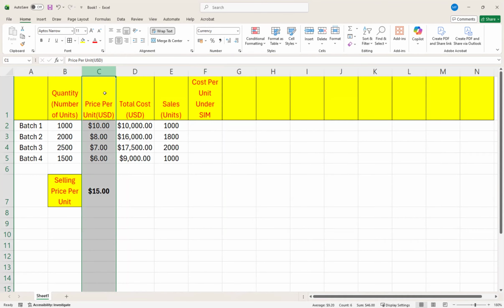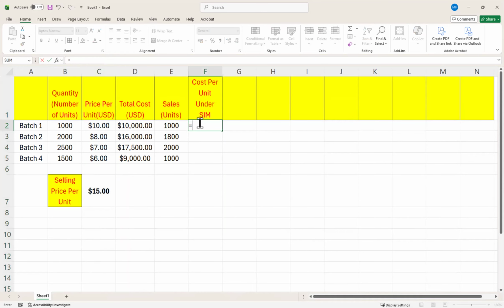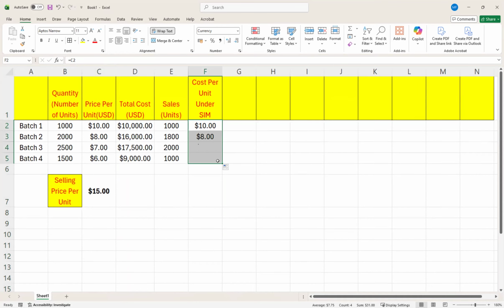It will be the same. Exactly, perfect. So whatever is the price, that is your cost. Finished. Let me just drag it. That is the cost per unit.